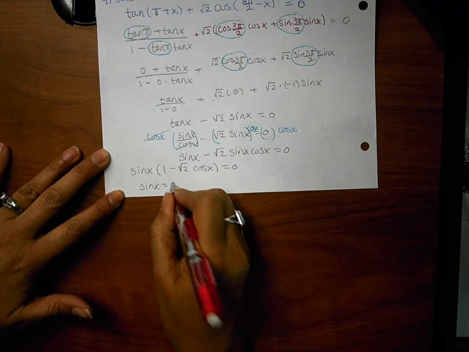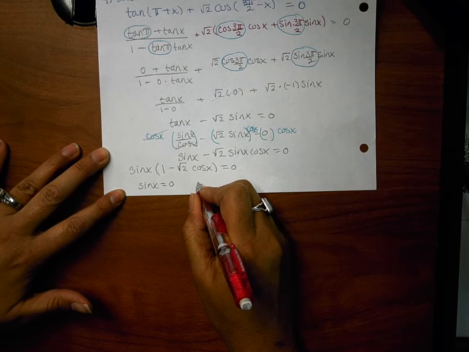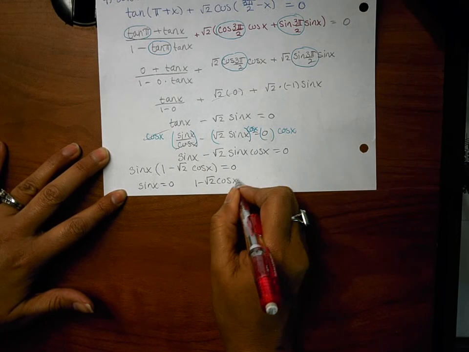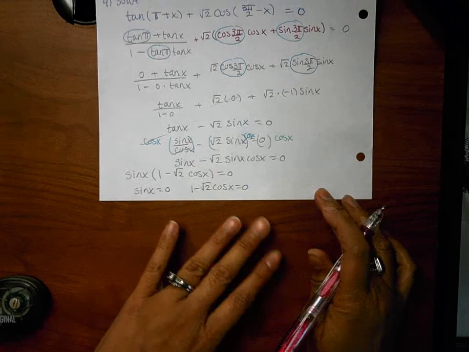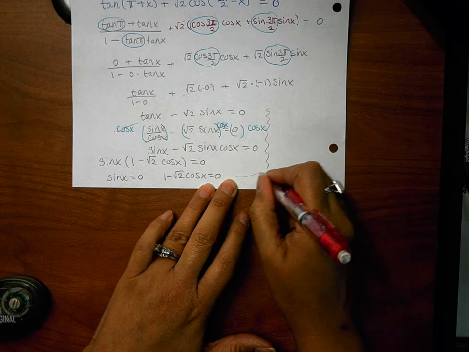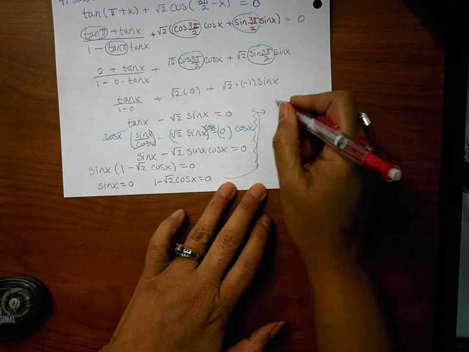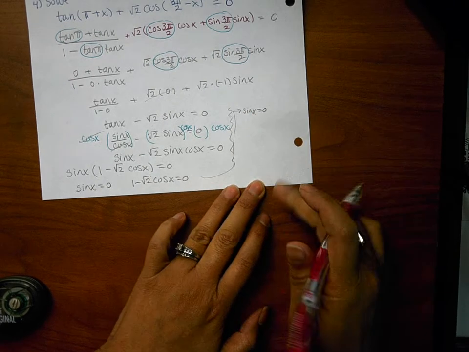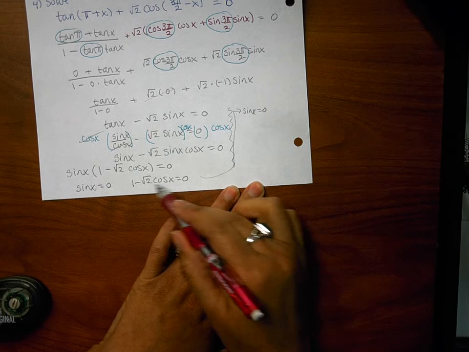0 product property. You have sine of x equals 0 and 1 minus root 2 cosine x equals 0. I am going to take you one more step and let you finish, and then we'll check answers together in class. Sine of x equals 0, that's pretty easy.